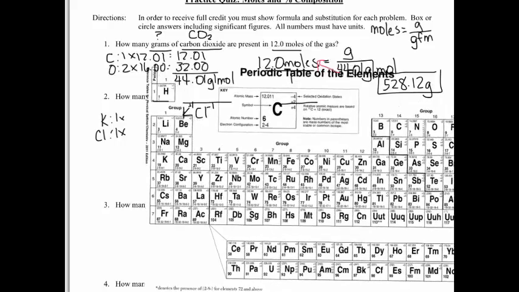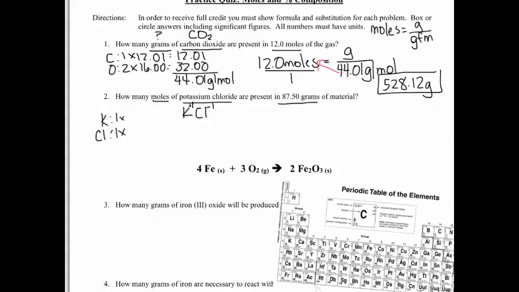Potassium, when we round that, it becomes 39.10, and chlorine way over here is 35.45. And then we just add those up to get the GFM, and we get 74.55 grams per mole.